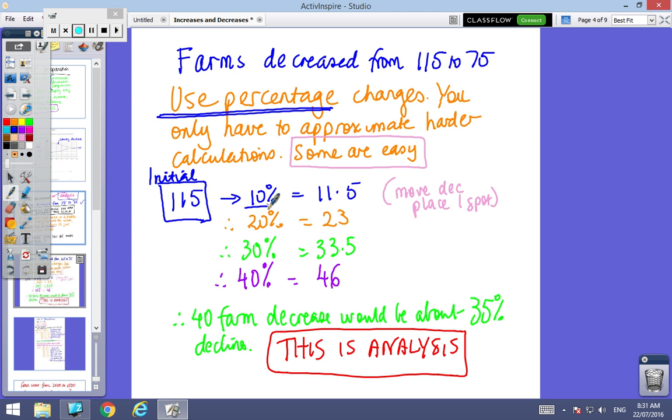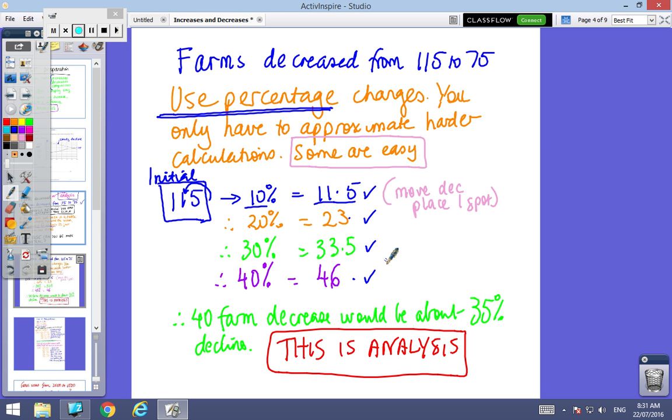And if you look at just 10%, that's just 11.5, because if you just move the decimal place one spot back, that's 10%. So 10% is 11.5, double that is 23, add 11.5 is 33, double 23 to 46, and you've got your 40% answer.